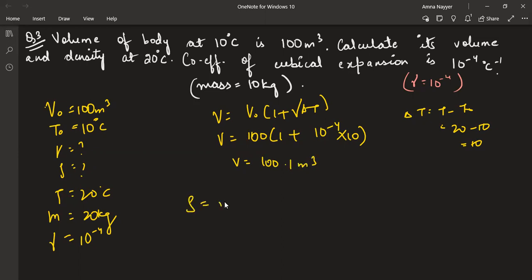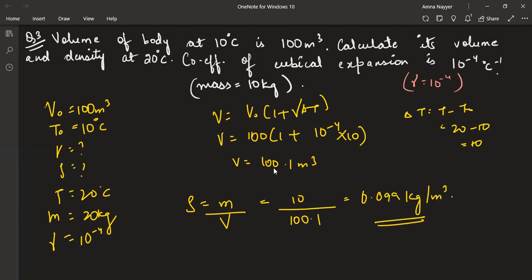Now density is simply mass by volume. Mass is given as 10, right, mass is given as 10 by volume is 100.1. So this is equal to 0.099 kg per meter cube. First find out volume, using volume find out density.